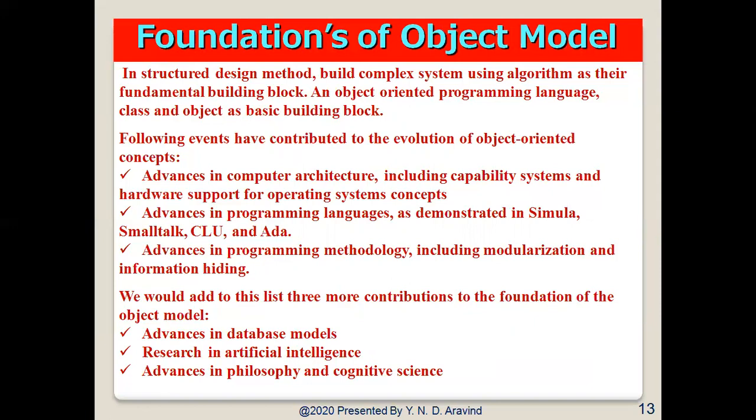However, there are limits to the amount of complexity we can handle using only algorithmic decomposition. Thus, we must turn to object-oriented decomposition.